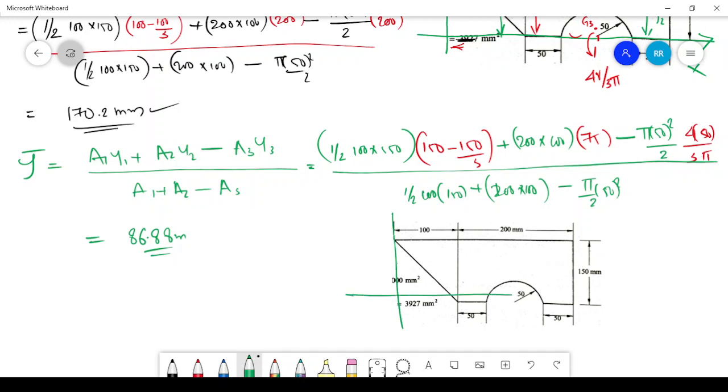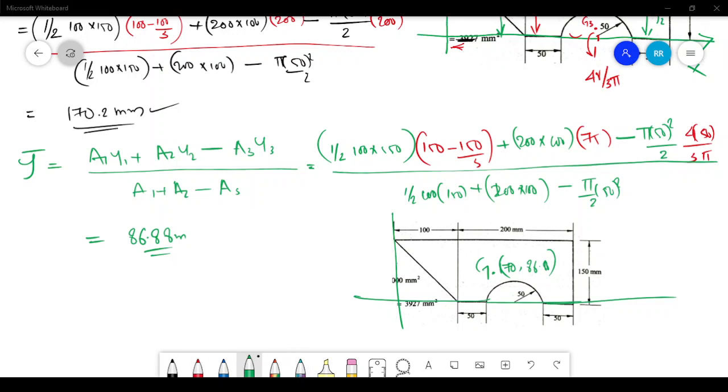If this is the axis, it must be around here, right? 170, 86.88. This is the final centroid of the entire area, right?